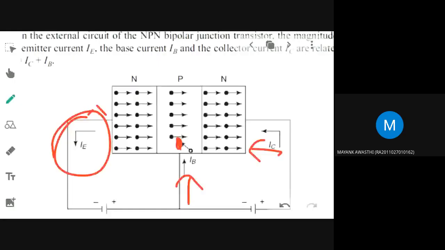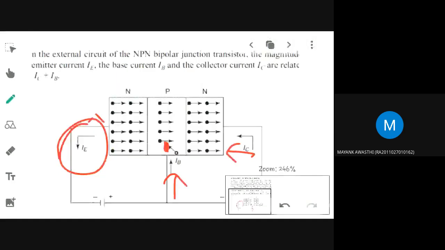What is the equation? IE is equal to IC plus IB.